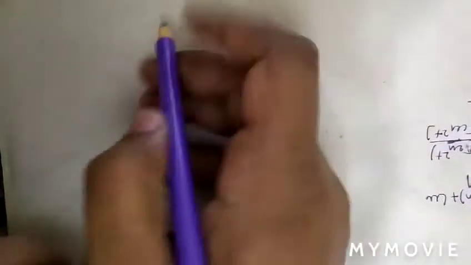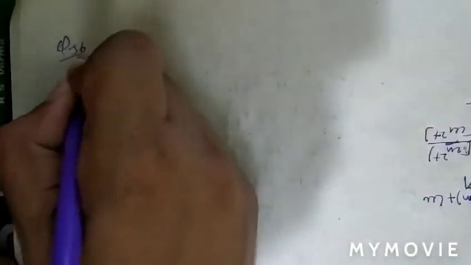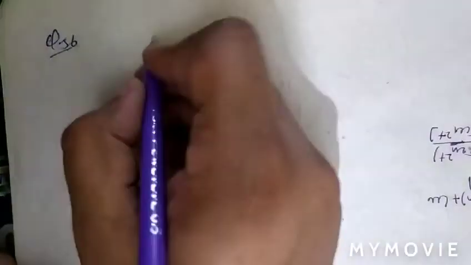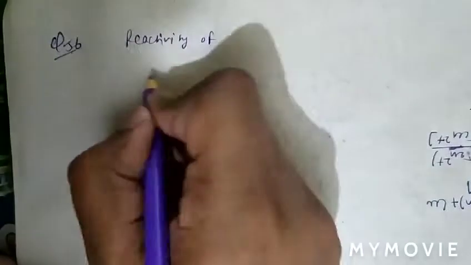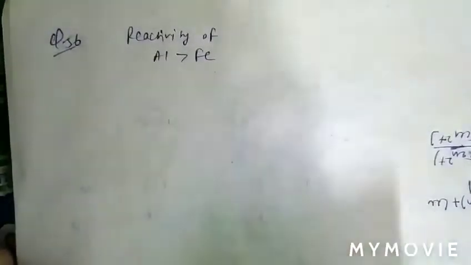See question number 56. In question number 56, what is given there? Aluminium is more reactive than iron. So the reactivity of aluminium is more than iron.